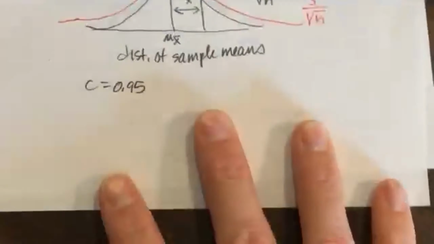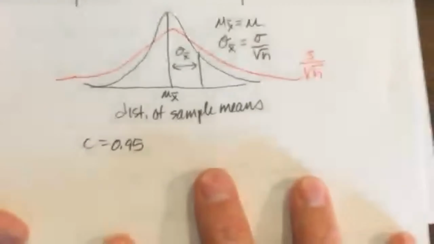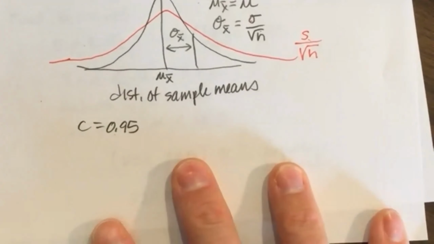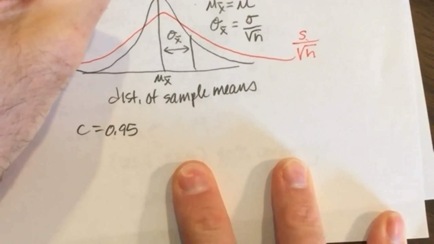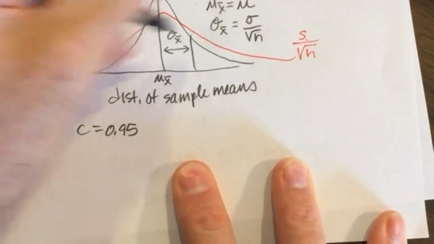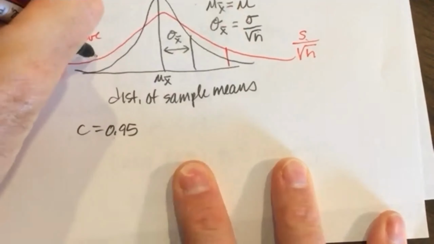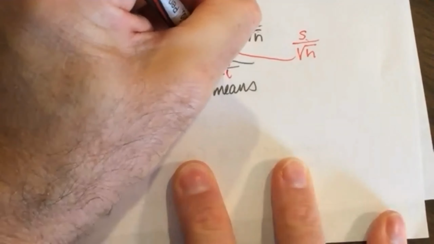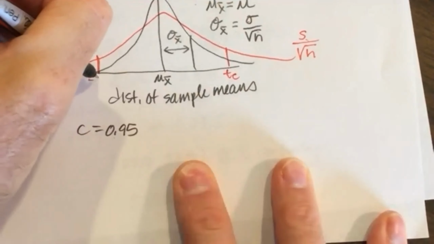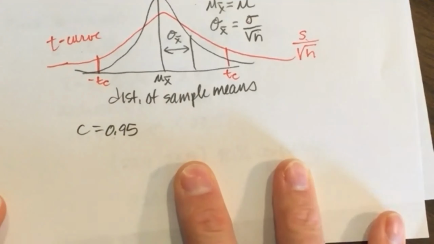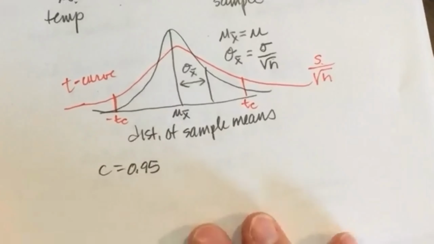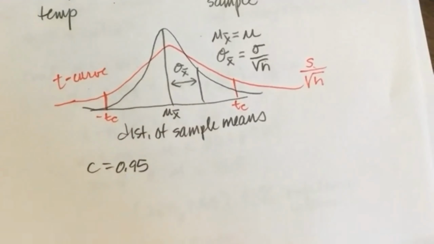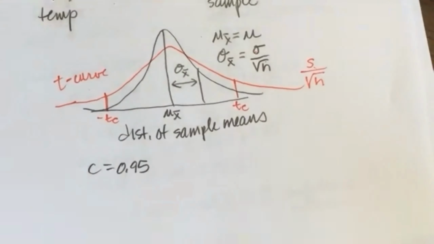Since this is a t curve, we need to figure out which critical values of t cut off 95%. It's the same as we did for a normal curve, except now we're using the t curve.